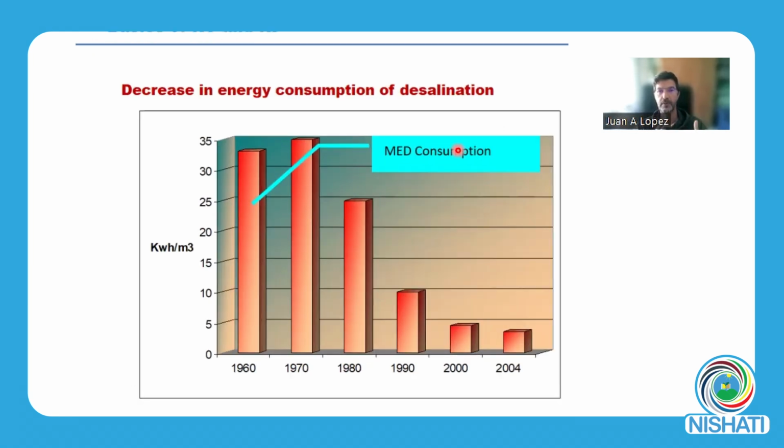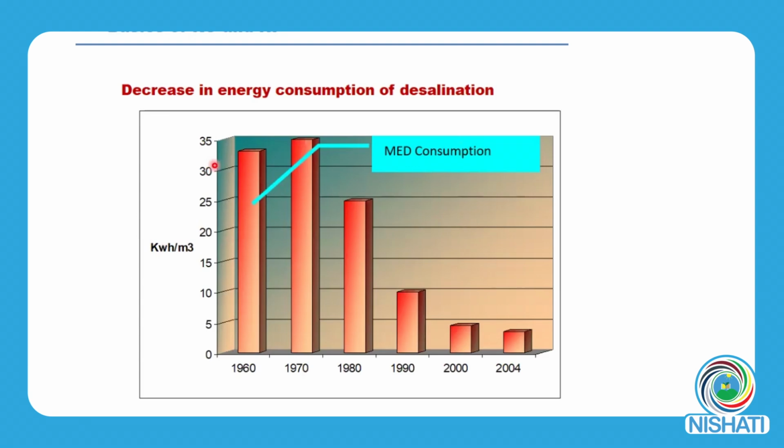You are burning fuel like oil, you obtain heat and you distillate water. So for this kind of sophisticated distillation processes, you need about 33 kilowatts hour of thermal energy to obtain 1 cubic meter.